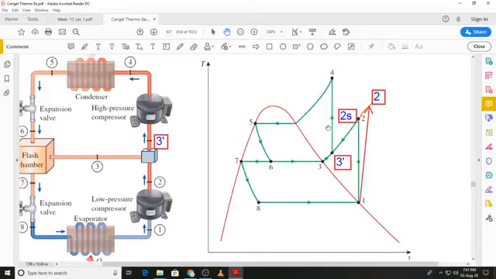And similarly, we will have to replace this isentropic line by a line that is inclined to show the actual process line, and again that will be something like this, and again it will intersect the constant pressure line corresponding to the condenser pressure.